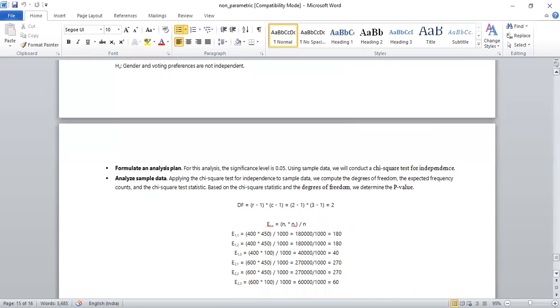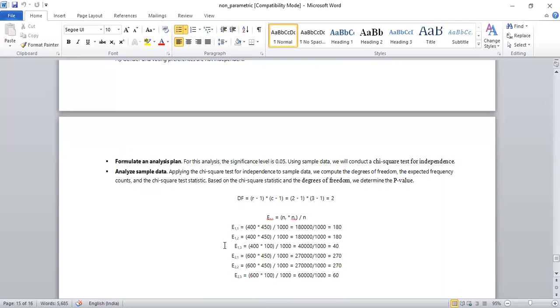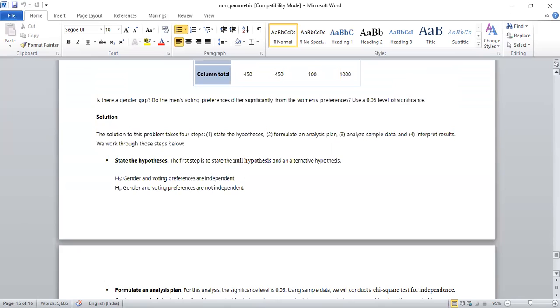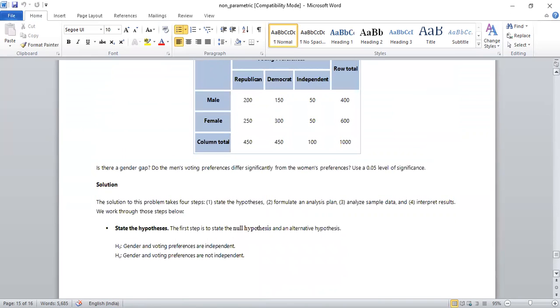at each r level of variable A and c level of variable B. So this is E11, 400 into 450 by 1000. E11 means male Republican.